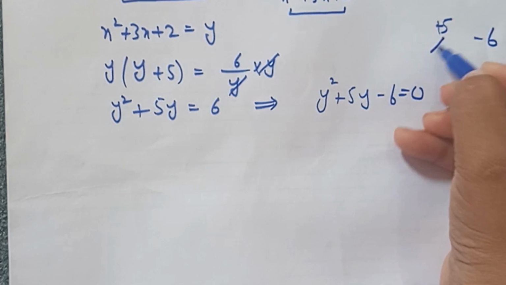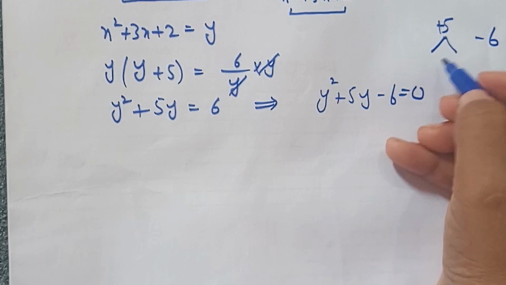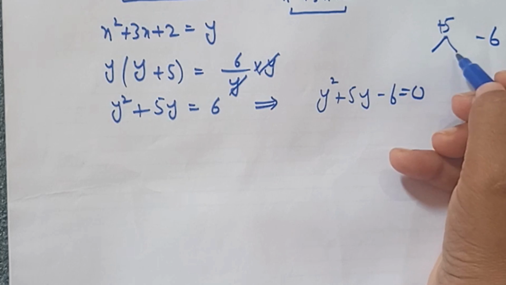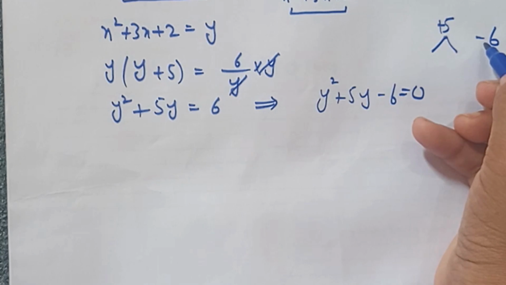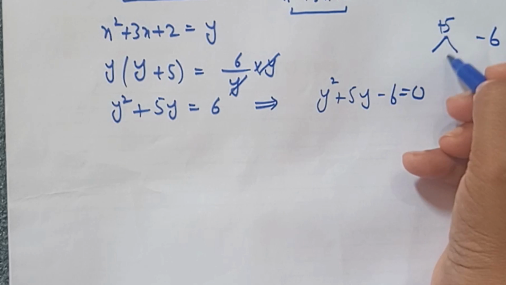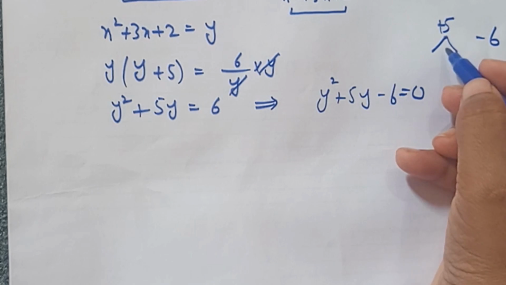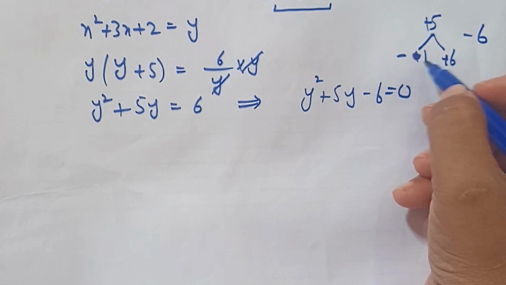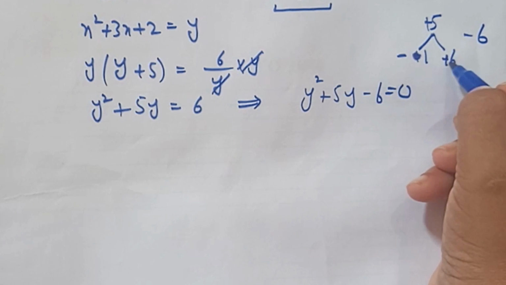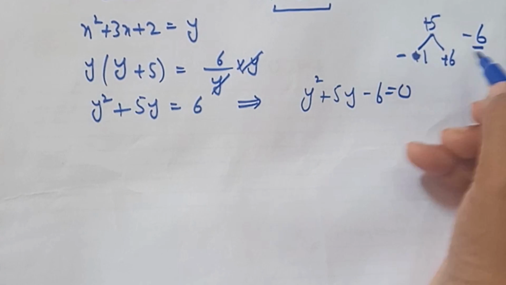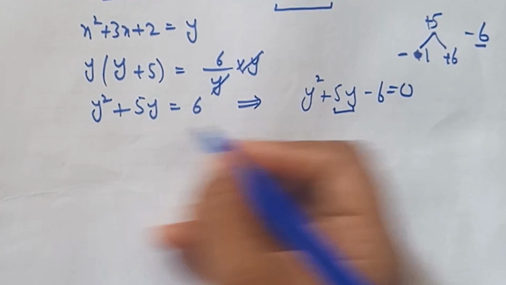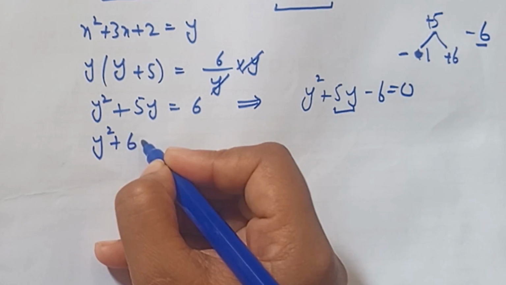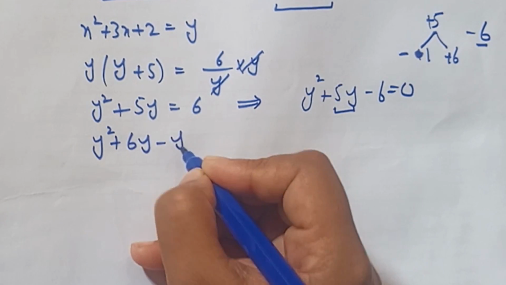So we split this middle value, 5, into two numbers such that if we multiply these two numbers, we get −6, and if we add these two numbers, we get a positive 5. So the numbers are negative 1 and positive 6. So we split this middle value as a positive 6y and negative y.